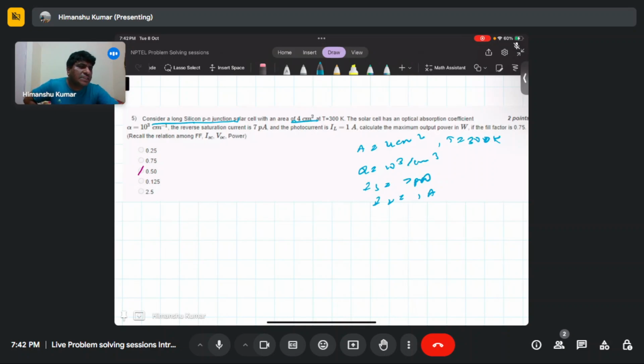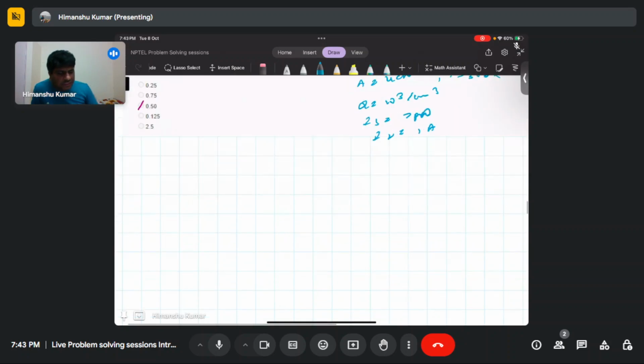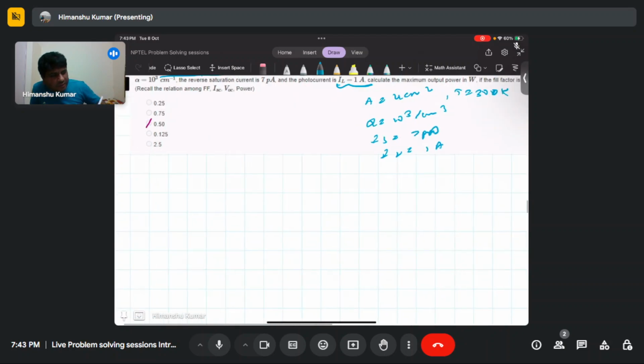For this, we can calculate the open circuit voltage and then the short circuit current, where the photocurrent IL is given with the light. If we calculate the open circuit voltage, then we can get VOC times ISC. The open circuit voltage is VOC equals kT by Q ln of 1 plus IL by IS.